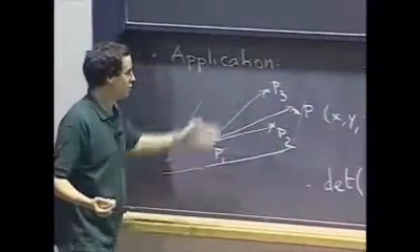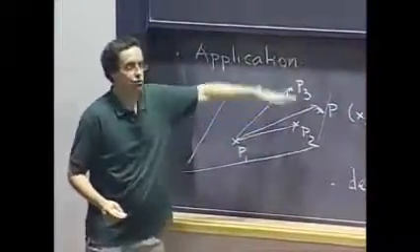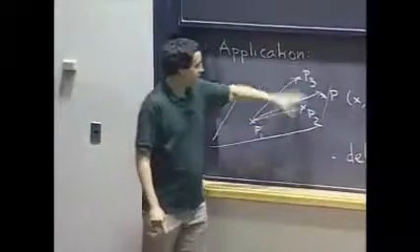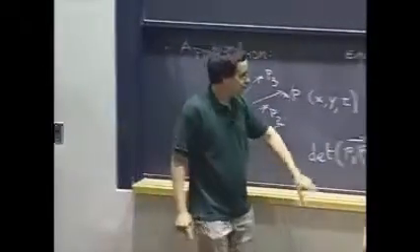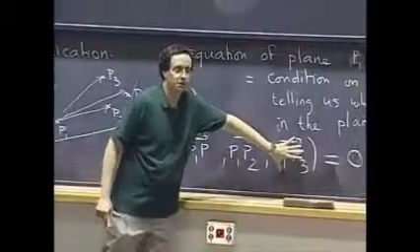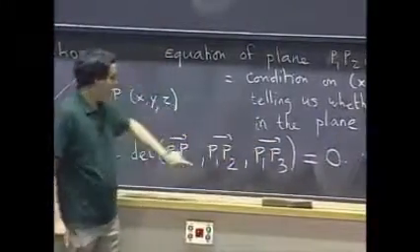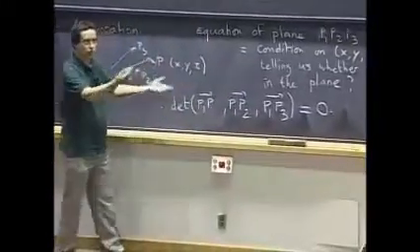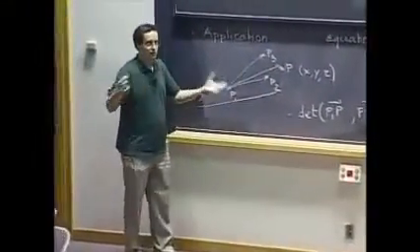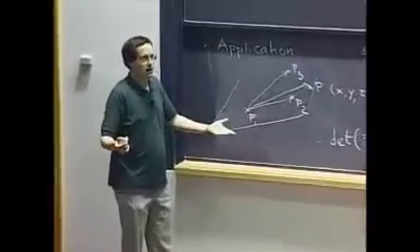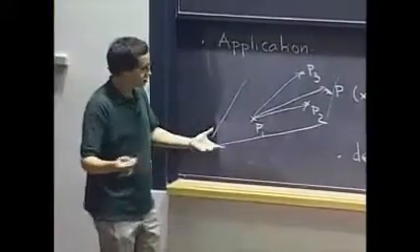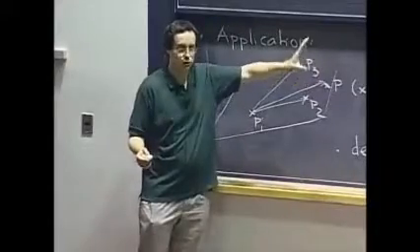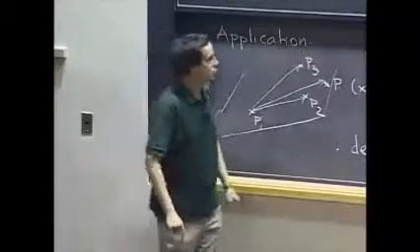If I gave you numbers for these points, you would be able to plug them in, so you could compute these 2 vectors explicitly. You would have numbers here, but the last one would depend on x, y, and z. So when you compute the determinant, you get a formula that involves x, y, and z, and you will find that this condition on x, y, z is the equation of a plane. We're going to see more about that pretty soon.